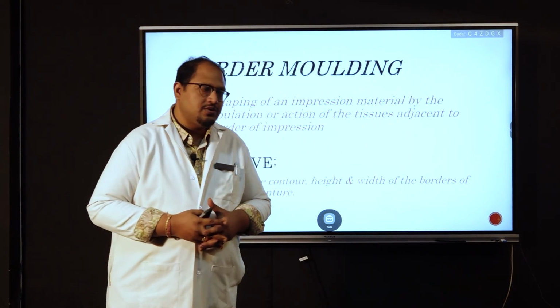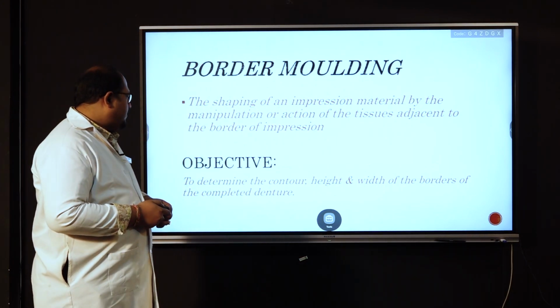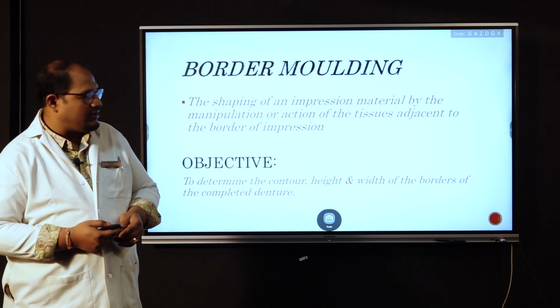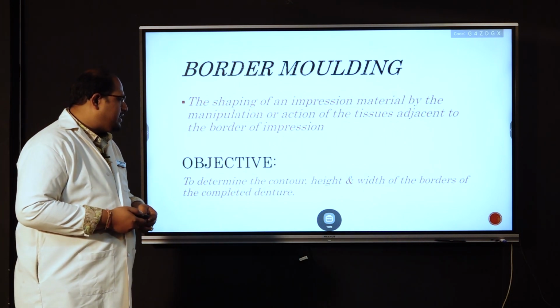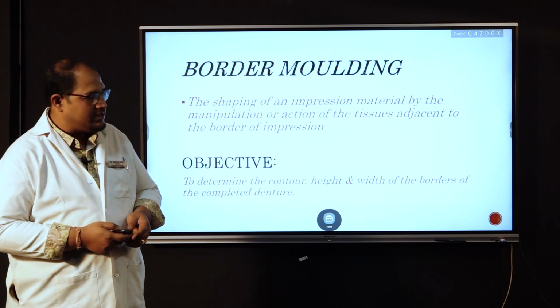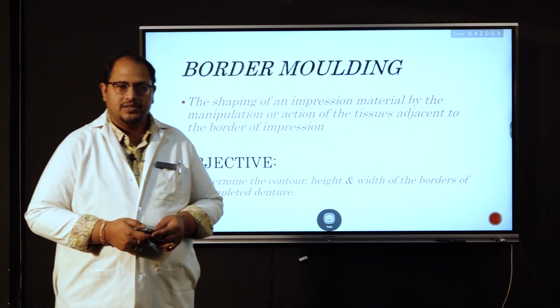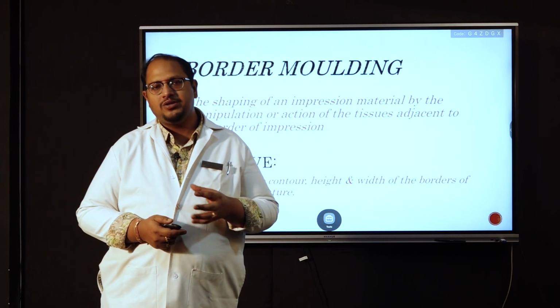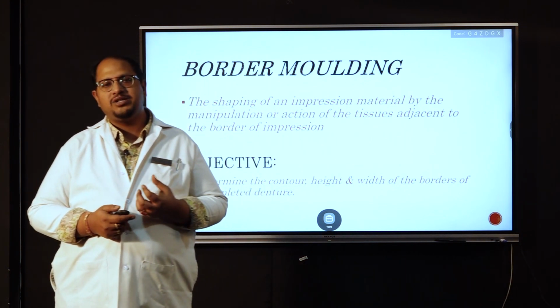So what we are supposed to do basically is first find out the different objectives of border molding. It will be determining the contour, height, and width of the borders of the complete denture, so that when the patient is wearing the denture, it is retained in the patient's mouth.